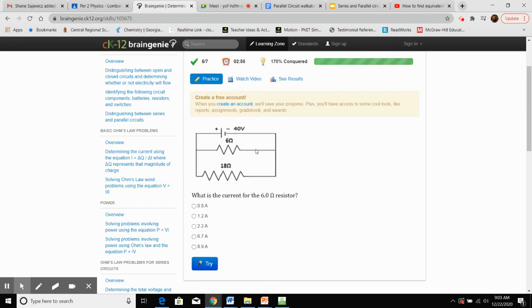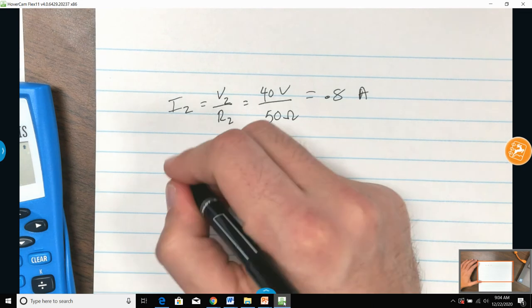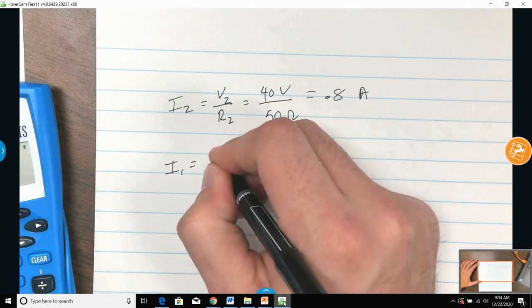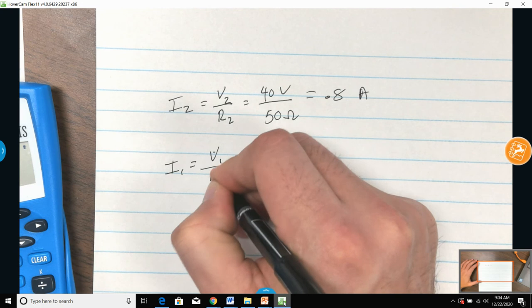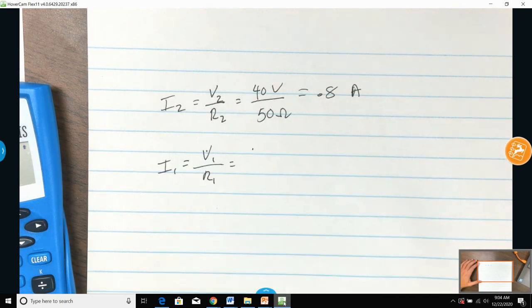All right, what about the 6 ohm resistor? How many volts are going through that? 40. And so the resistance is 6. So if we wanted to know that guy, we'll call it I1. So it would be V1 over R1. We said 40 volts.